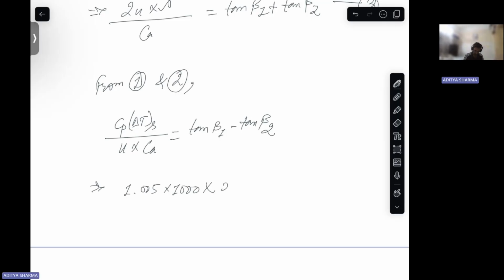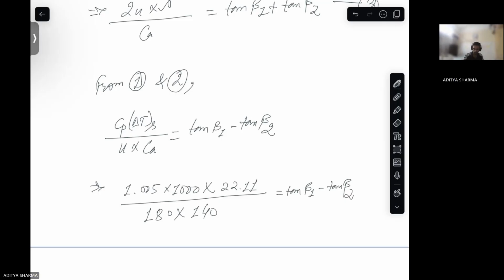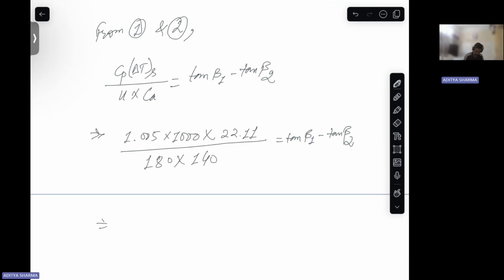Then delta T for each stage is 22.1, U is 180, axial velocity is 140, equal to tan beta 1 minus tan beta 2. If we solve this, it comes out to be 0.88 is equal to tan beta 1 minus tan beta 2.